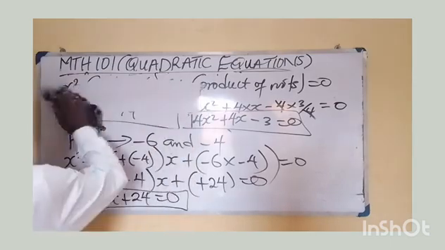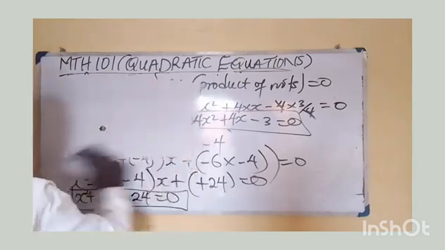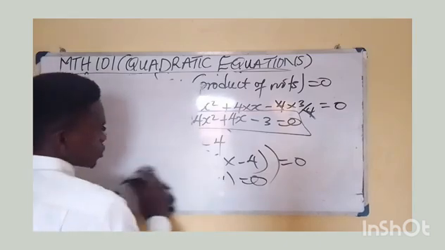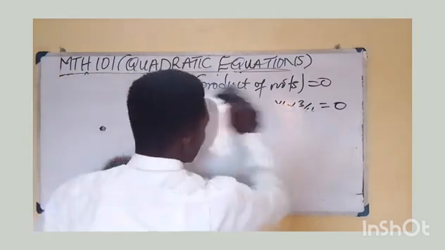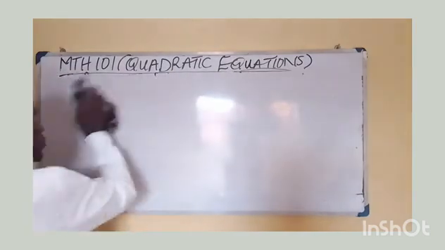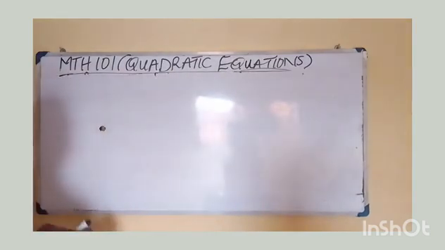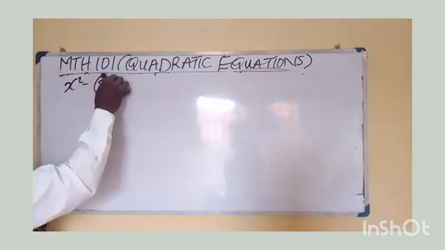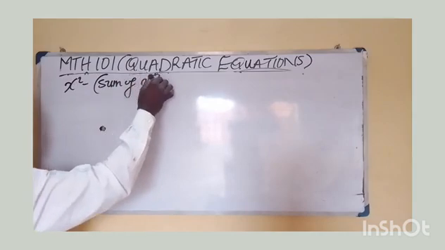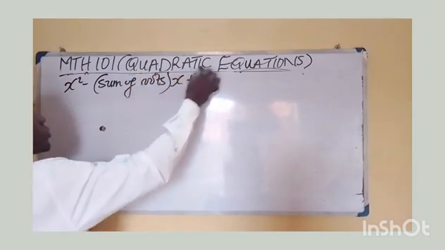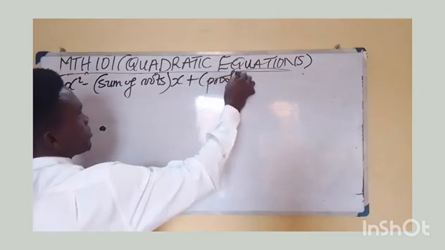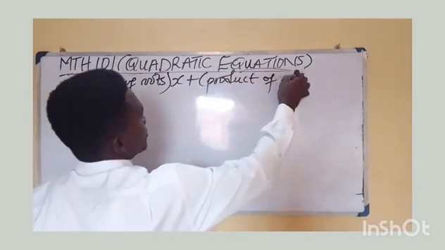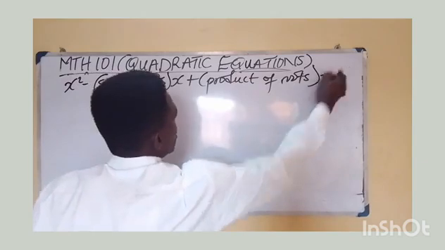So let us now also look at getting a quadratic equation when the sum and product of roots are given. This one is even cheaper. We are using the same formula, x squared minus the sum of roots, then plus the product of roots, all equal to 0.